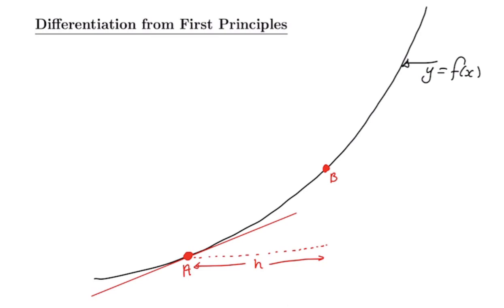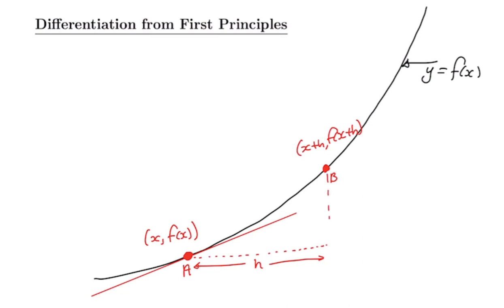Because I want the gradient at A, the coordinate at A is x, f of x. Of course, the coordinate at B, so I've gone horizontally across h, will be x plus h, f of x plus h.